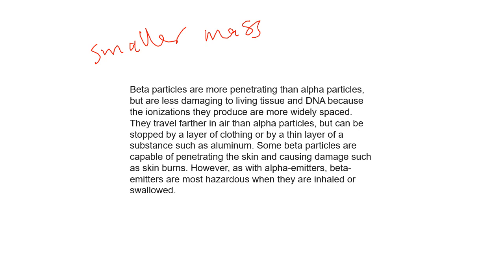They travel further in the air than alpha, but can be stopped by clothing or a thin layer of aluminium. Some beta particles are capable of penetrating the skin and causing damage such as skin burns. However, as with alpha emitters, beta emitters are most hazardous when they are inhaled or swallowed.